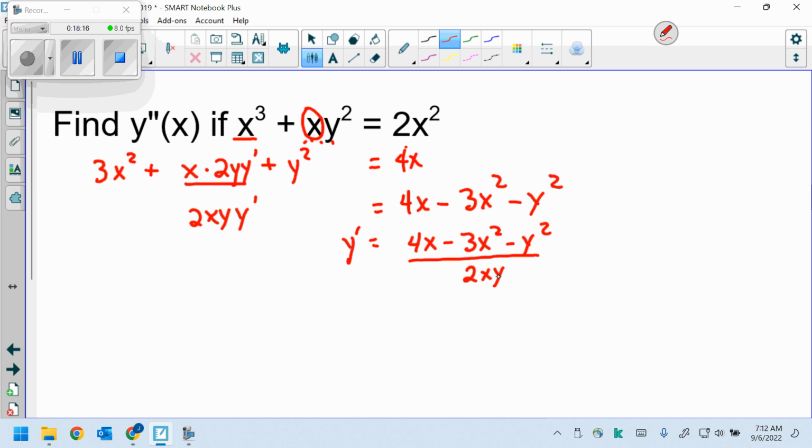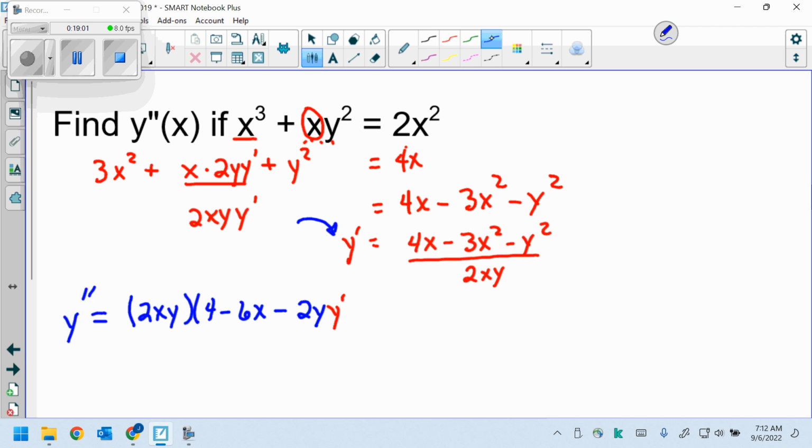So now let's find y double primed. Well, the derivative of this side is y double primed. And it is equal to. Now I'm going to have to quotient rule this other side, and that's going to be a pain. I'm going to have to low d high, 4 minus 6x minus 2y, and I'm just going to, for giggles here, make this a different color and call it y primed.